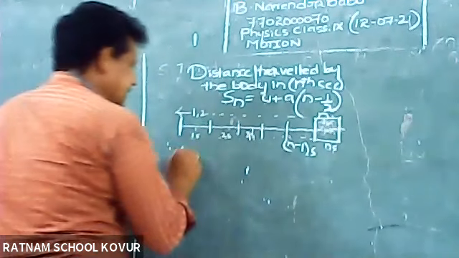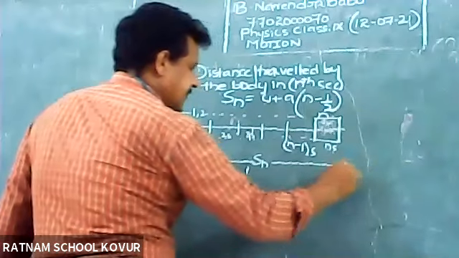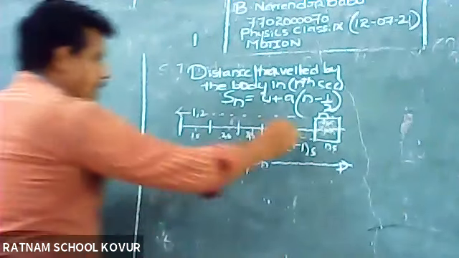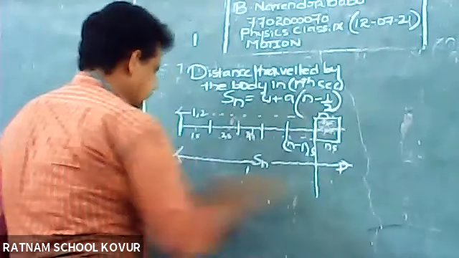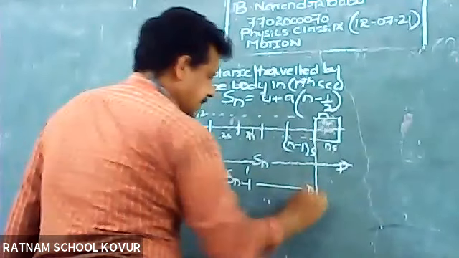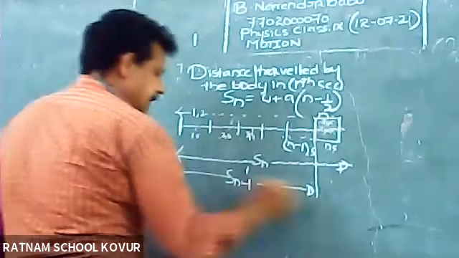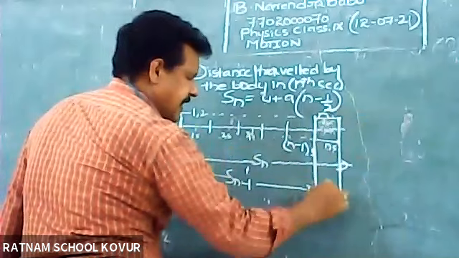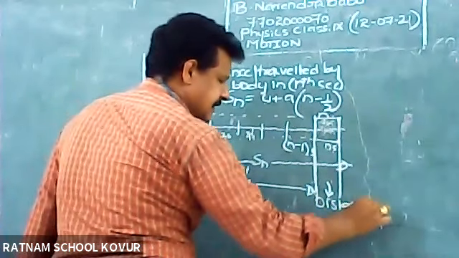The total distance is Sn, the distance traveled for n seconds, and up to n minus 1 seconds it is Sn minus 1. So from overall Sn, if I subtract Sn minus 1, I get the distance traveled in the nth second.